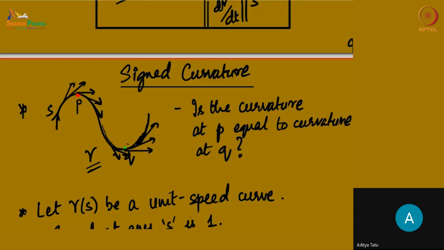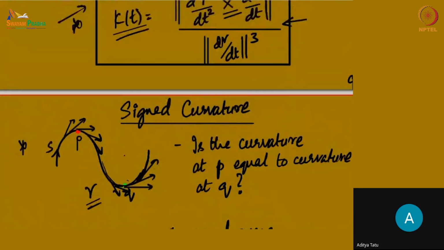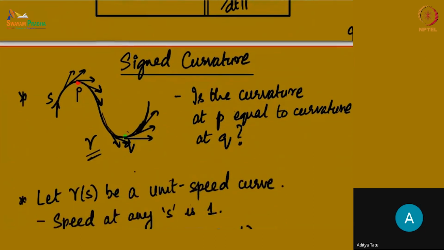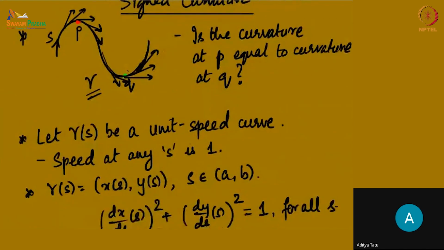So can we capture this as well in our definition of curvature? Okay, that's our next aim. And that is what is called signed curvature. So let's see how we can capture this. Let gamma of s be a unit speed curve, which basically means speed at any parameter value s is always 1.